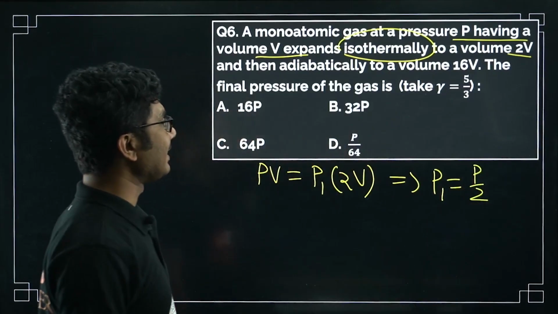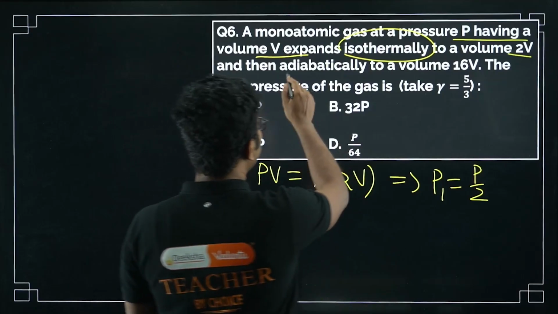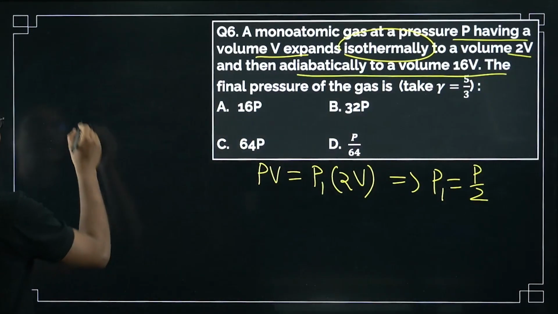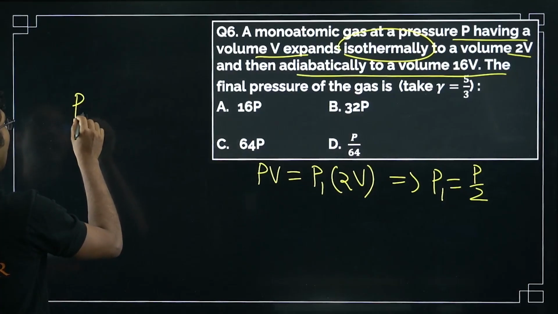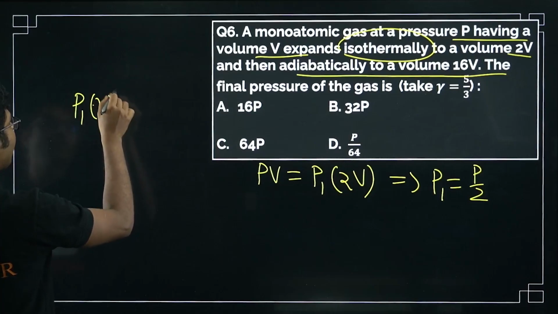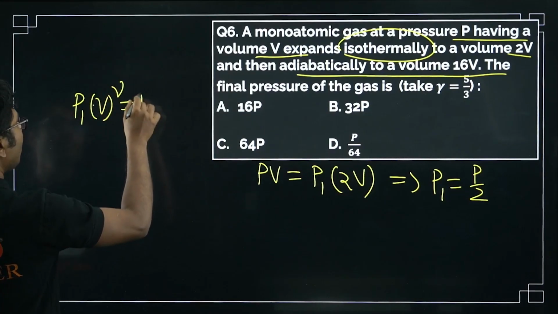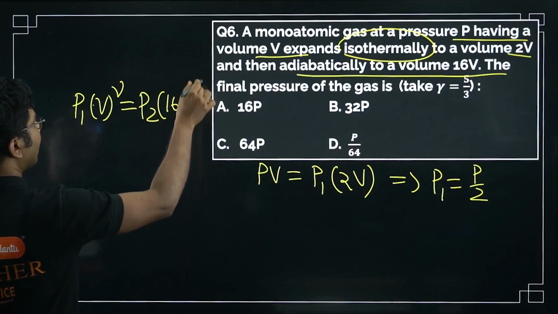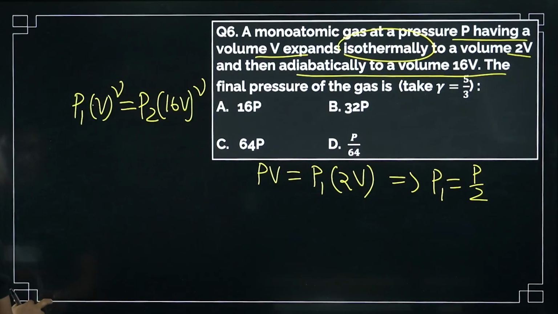Now the next stage, it says, and then adiabatically to a volume 16V. So adiabatically means P1 (2V) to the power gamma equals P2 (16V) to the power gamma. So this is the main thing.